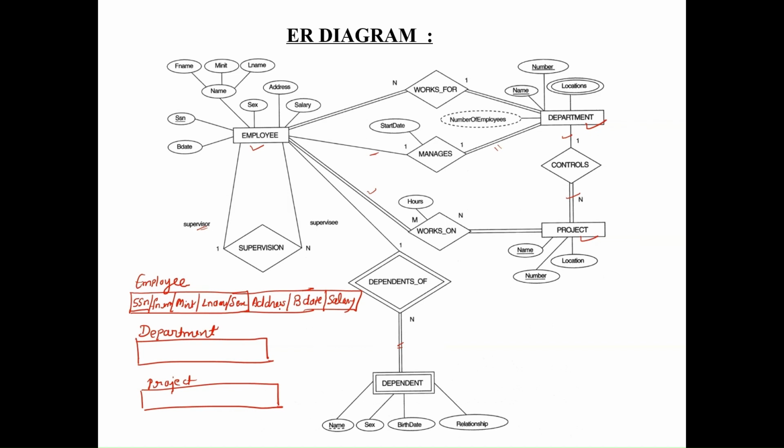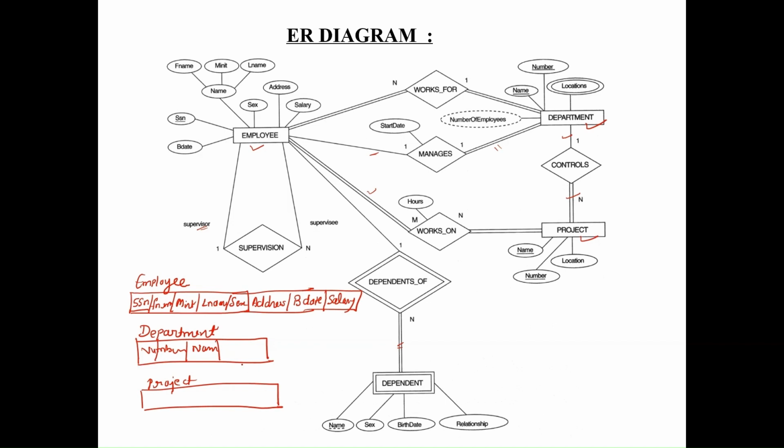So step 1 is saying that for whatever regular or strong entities are there, create a relation schema. So department: in that, department number or department name is a primary key. We can consider department number, then department name, and department location.